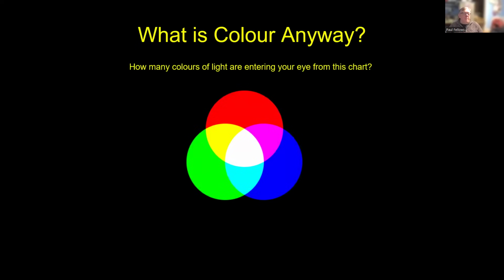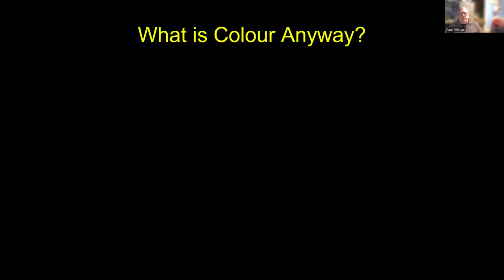Where we have them overlapping, you see the yellow, magenta, and cyan, and right in the centre you see white. But there really are only three different wavelengths of light being emitted from the screen. And your brain interprets the mixture of colours as the secondary colours, or indeed if there's an equal mixture of all three primary colours that it detects, then it sees white.